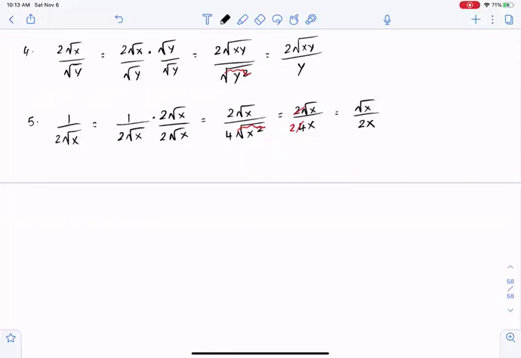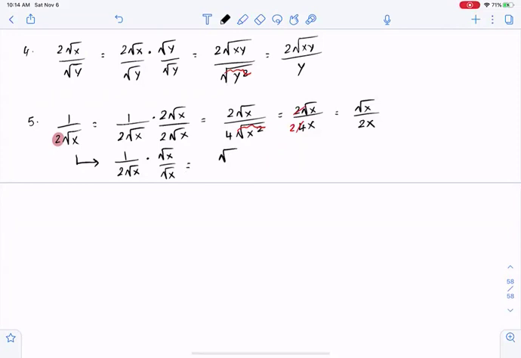So the lesson that we have to learn here is if we have a number, we don't have to use that when we rationalize. What do I mean by that? So 1 over 2 root x. I'm just going to multiply and divide by root x. Leave the 2 as is.